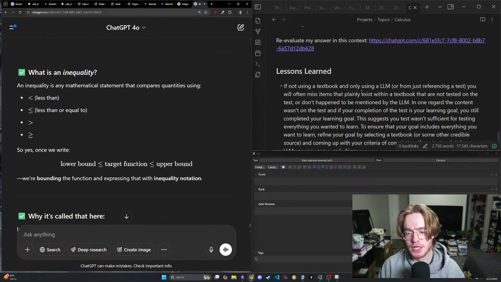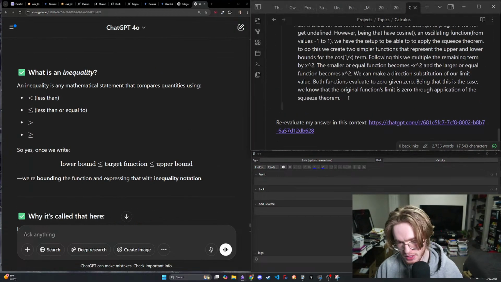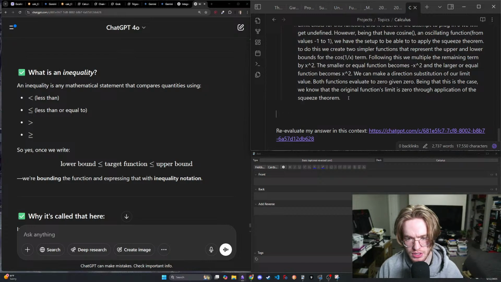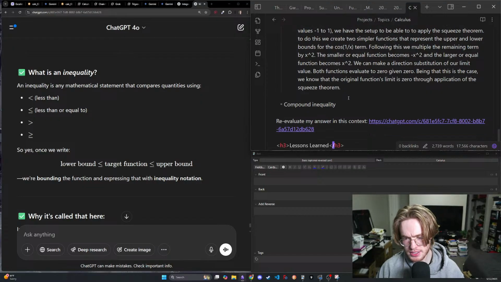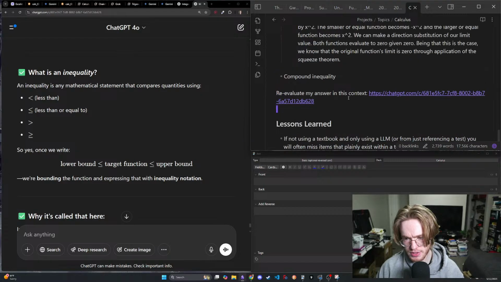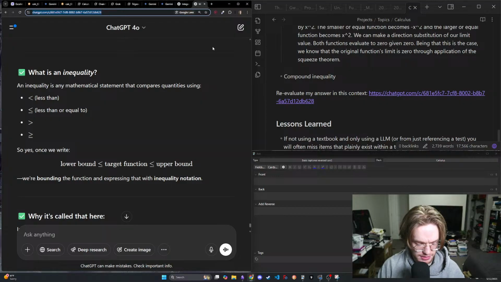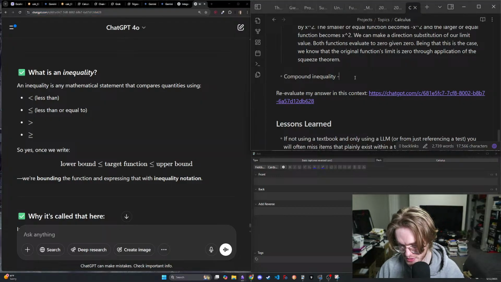Okay. So I need to learn about compound inequalities. I did not have that language. I could have reevaluated my answer in this context, but I think I did well regardless.